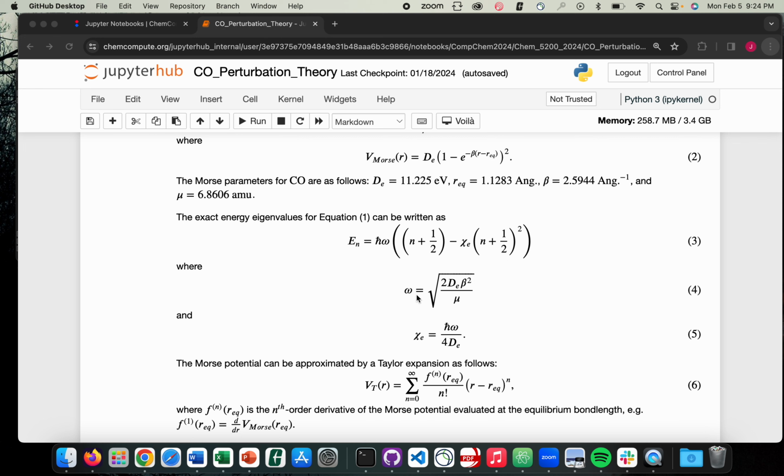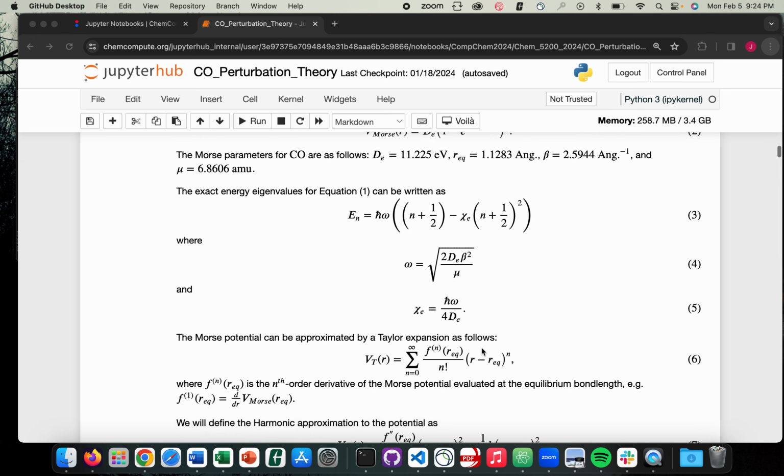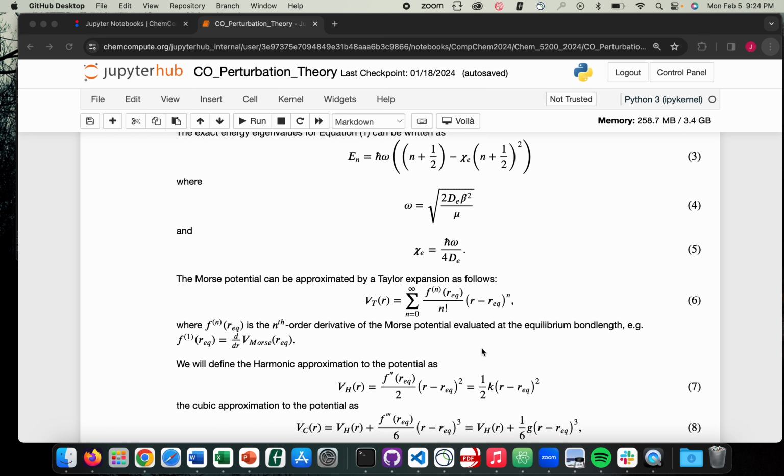The omega term can be expressed through the Morse oscillator parameters, in particular the square root of 2 times the dissociation energy times beta squared over mu. And then the anharmonicity is h bar omega over 4 times the dissociation energy.